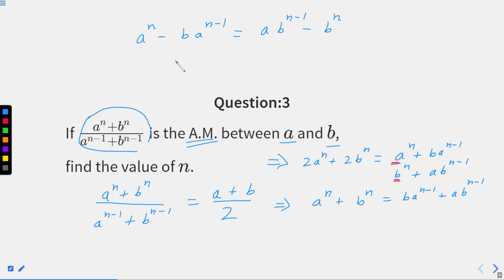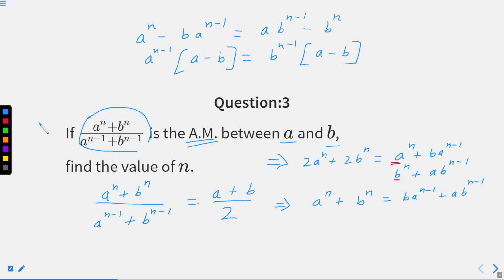Okay, now just take common A^(n minus 1). We will be left with A minus B, which is further equal to, taking B^(n minus 1) common, A minus B.